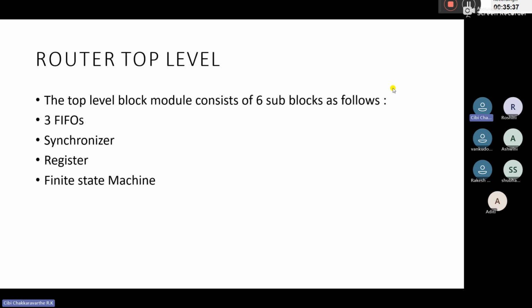Same for read operation: before doing a read operation, we should check whether our FIFO is empty, because if our FIFO is empty, we can't read anything. So for that purpose FIFO is used. It will save some time, because if we know the full or empty signal beforehand, then we can process according to that.